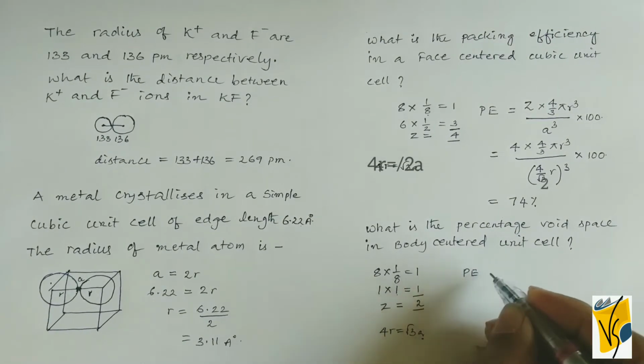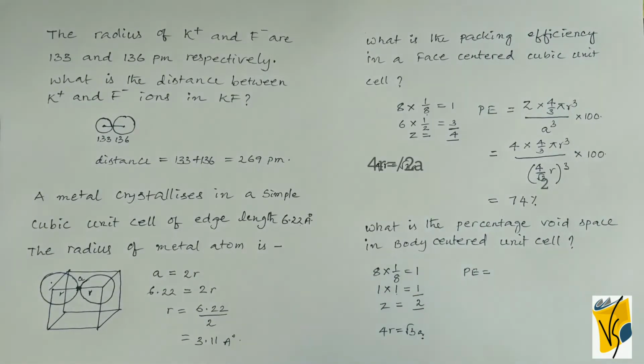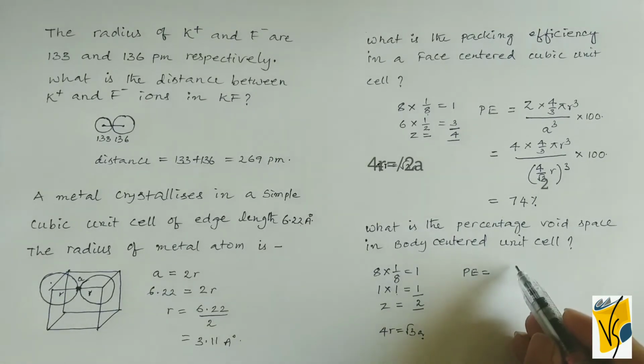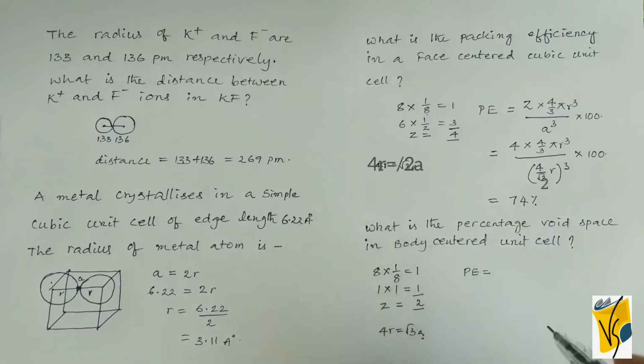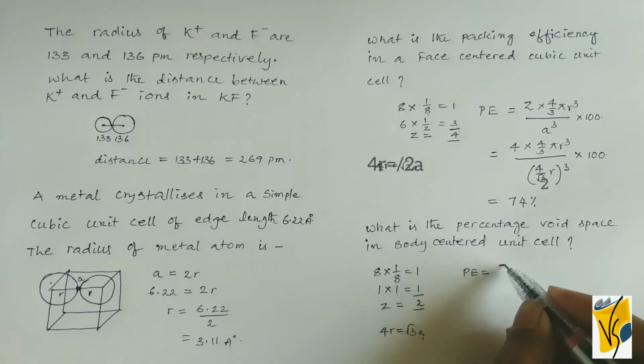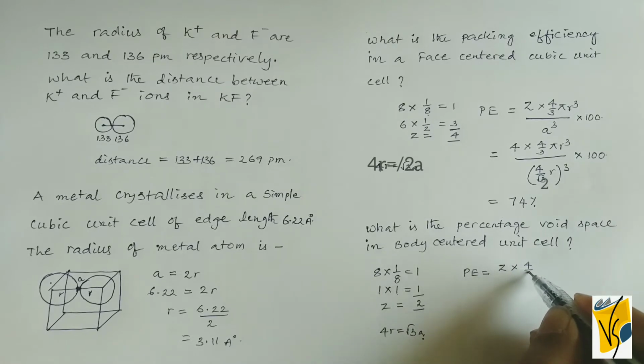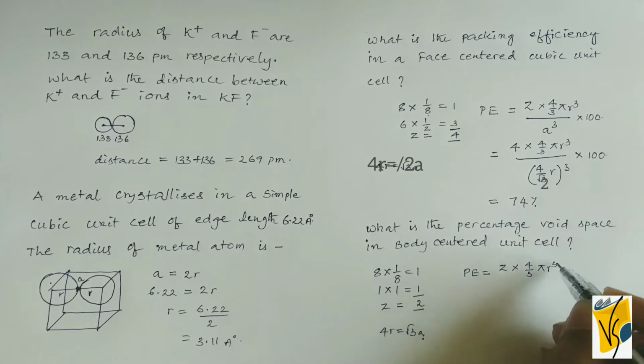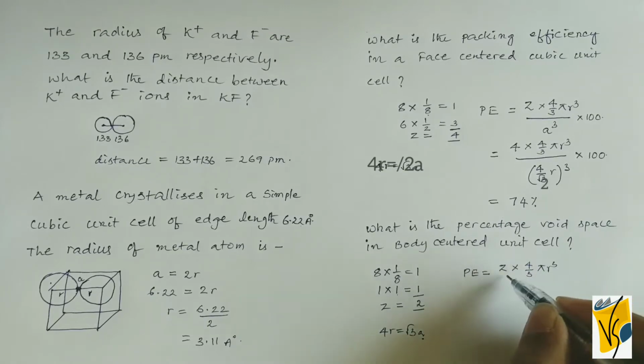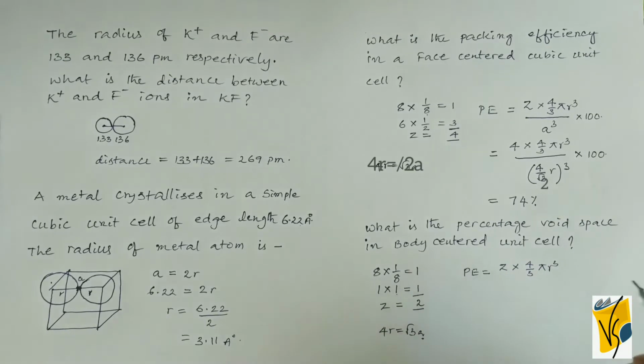Packing efficiency is equal to volume occupied by the atoms by volume of the unit cell into 100, right? So volume of atoms is equal to effective number of atoms into volume of each sphere, that is 4 by 3 pi r cube. So this is the volume of a sphere, this is the number of spheres or number of atoms, right?